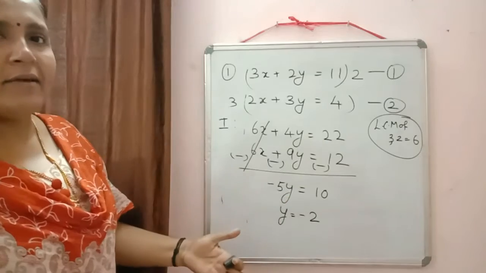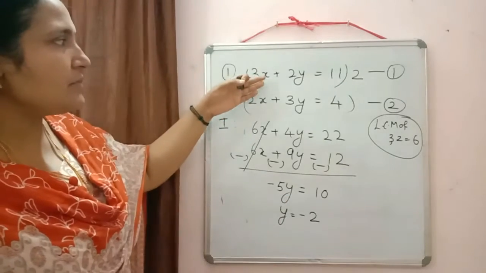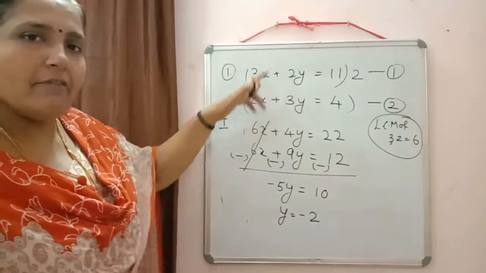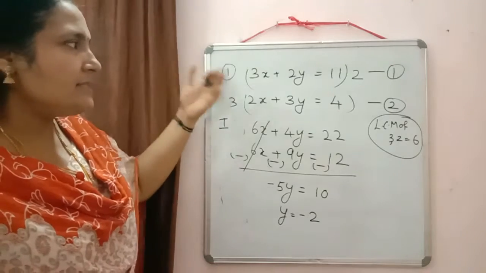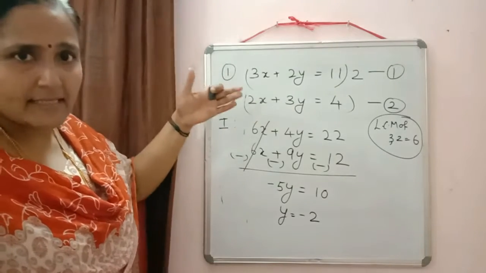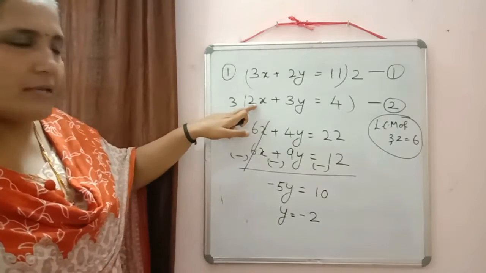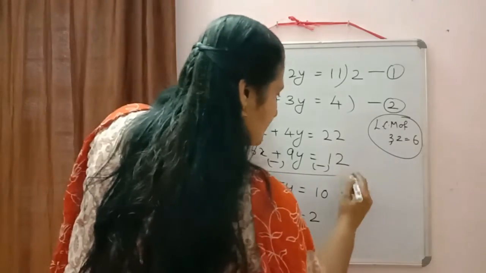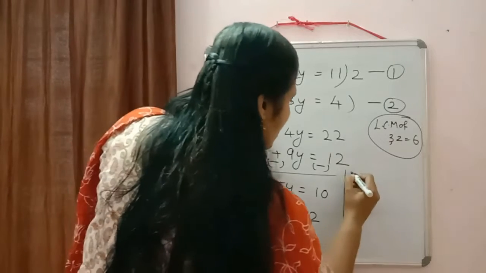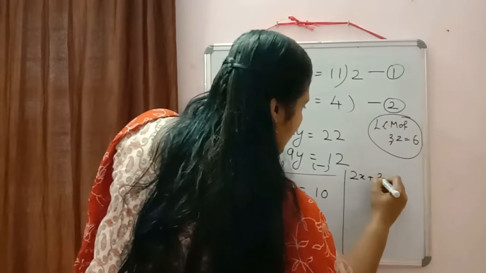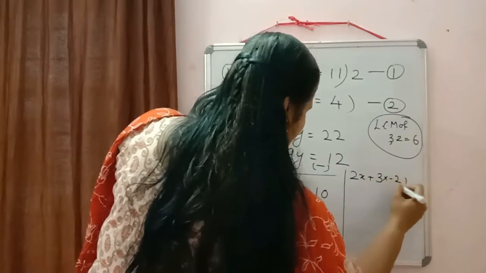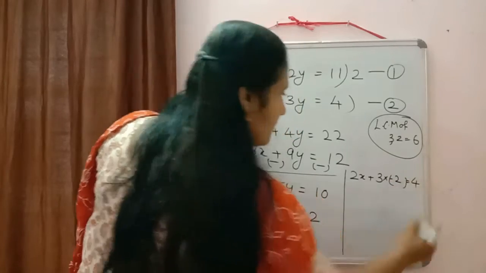And to get the value of x, you can substitute the value of y in any one of the equations. In whichever equation the calculation will be less, in that equation we can substitute. So suppose I am substituting in equation 2. Our equation 2 is 2x plus 3y is equal to 4.